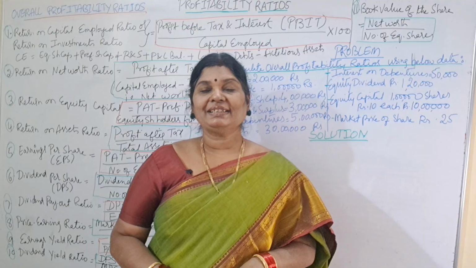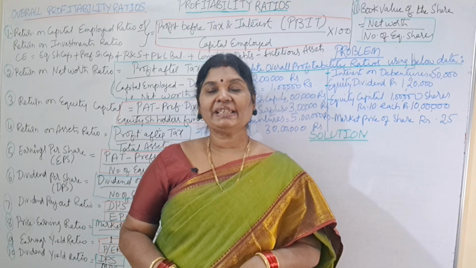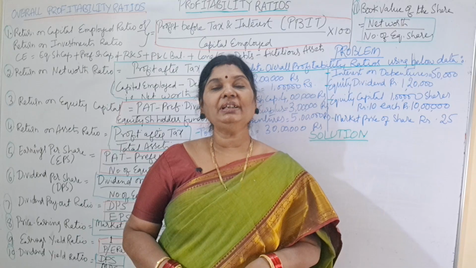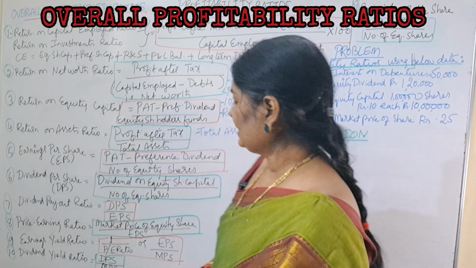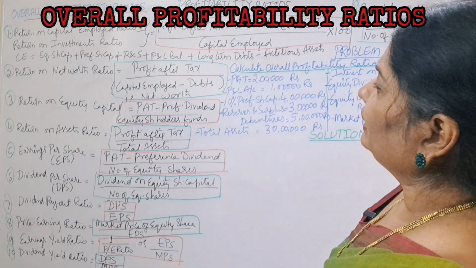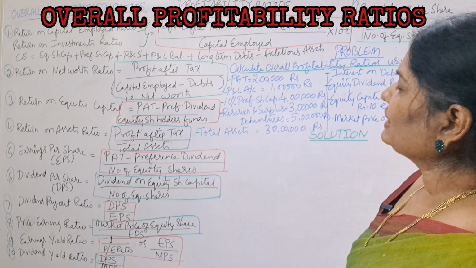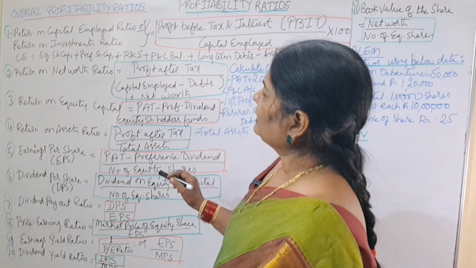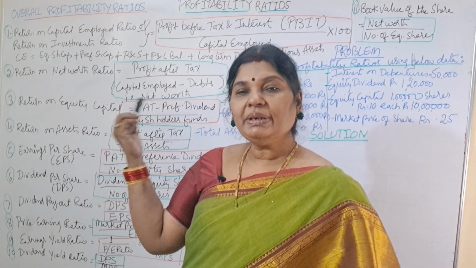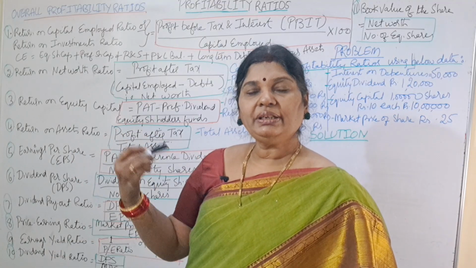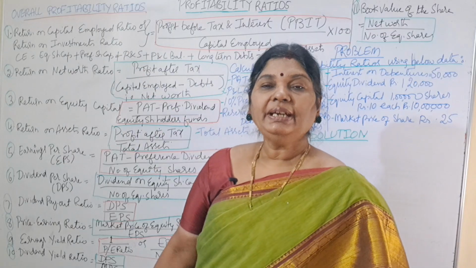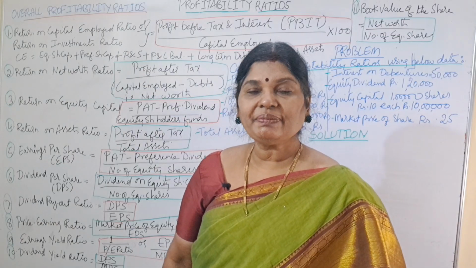Now in today's class, we are going to cover the next topic in profitability ratios, that is overall profitability ratios. In this, we are covering 10 overall profitability ratios. I will explain all those 10. It is very easy to understand if you remember the terms I have used in our previous videos, like capital employed, net worth, equity shareholders funds.